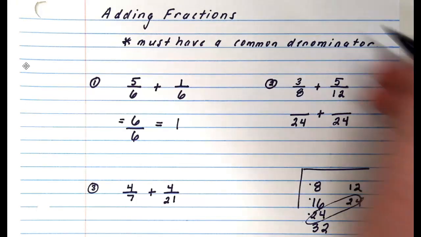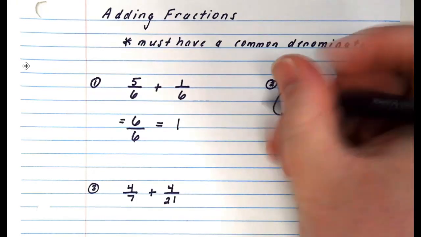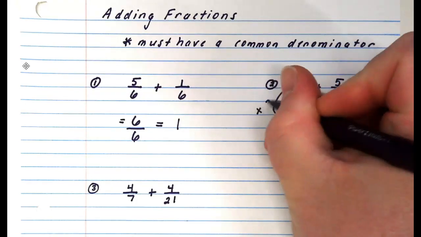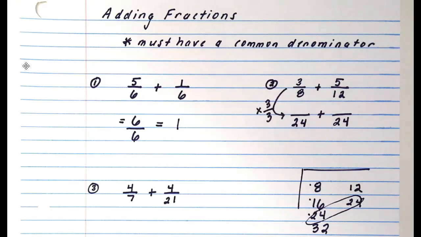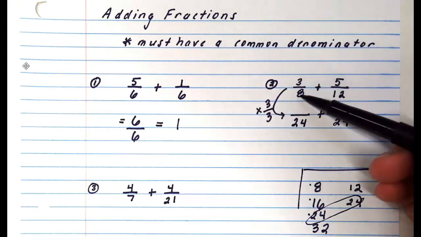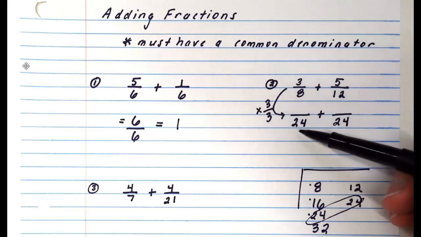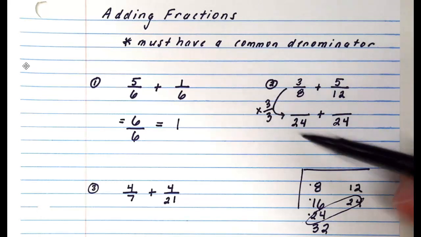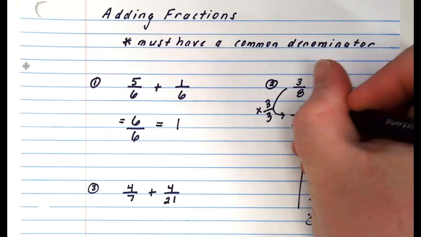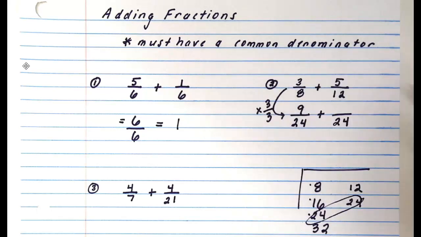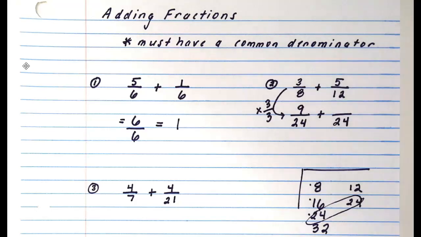So what we're basically doing is we're taking this fraction here and we're going to multiply that fraction by 3/3. And again, the reason we're doing that is because 8 times 3 is 24. So we have to do that to the numerator as well. 3 times 3, which is 9. So 3/8 and 9/24 have the same value.